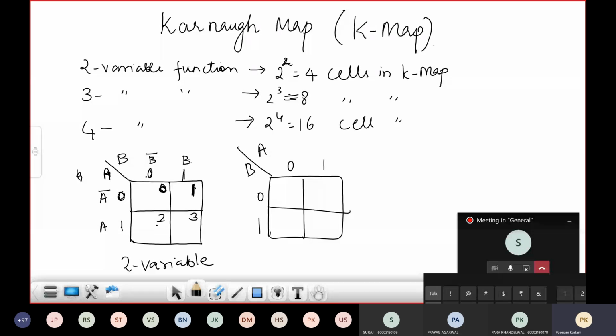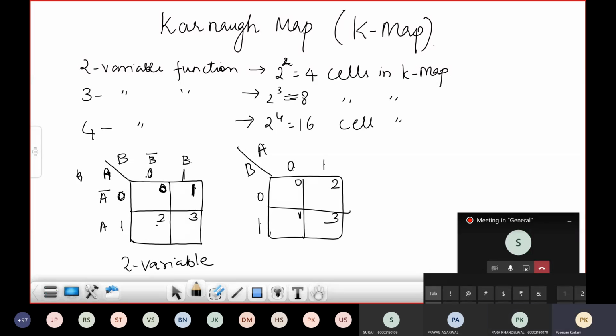So this is MSB, right? A is the first input, so we have to see A, B. So 0, 0 corresponds to min term 0. 0, 1 corresponds to min term 1. 1, 0 still corresponds to 2. And this is 1, 1, so this is 3. Am I clear?